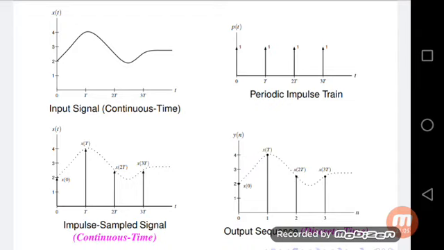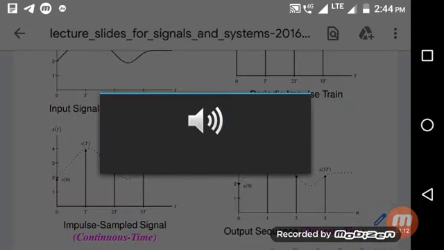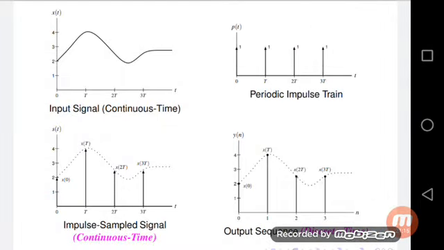We are just indicating the separation of the signals. The next step is the output sequence, that is the discrete form. Why? Because the pulses are split into 1, 2, 3, and finally we are entering the periodic impulse train.